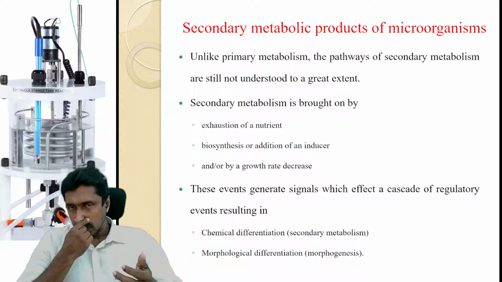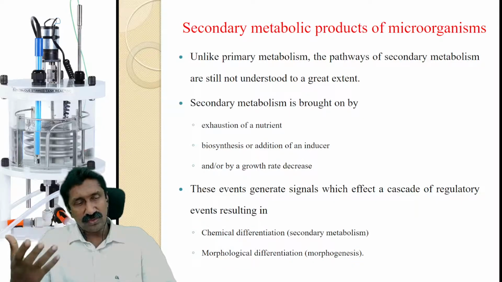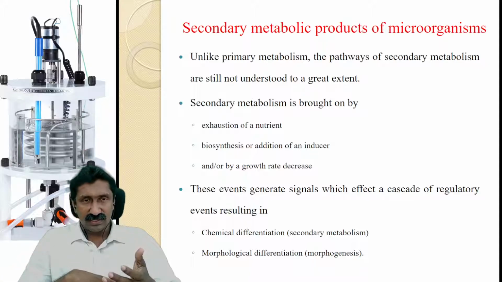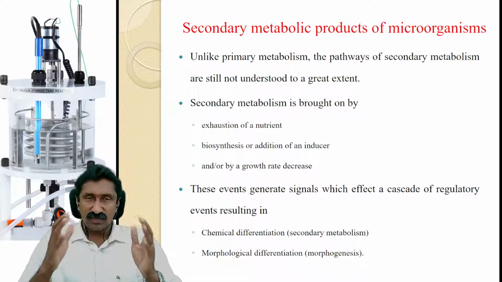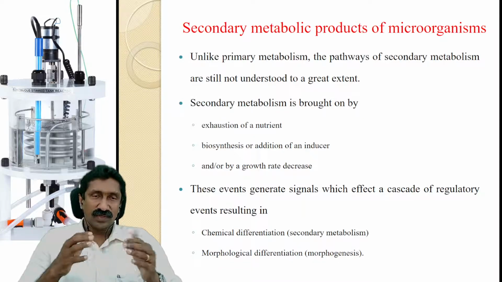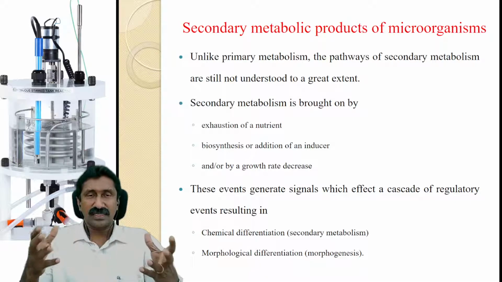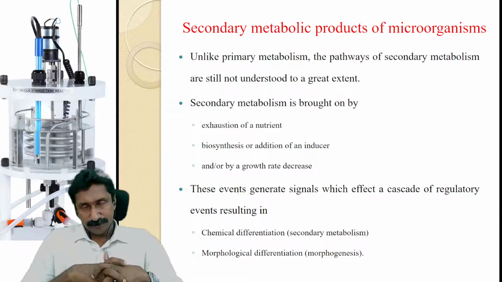So if you want to increase the secondary metabolite production, you have to ensure that the nutrient is depleted, and also you are providing it with an inducer. And also there should be a decrease in the growth rate. So if the organism remains in the log phase of growth by continuously increasing biomass, then you can't expect the secondary metabolite production at its maximal efficiency.